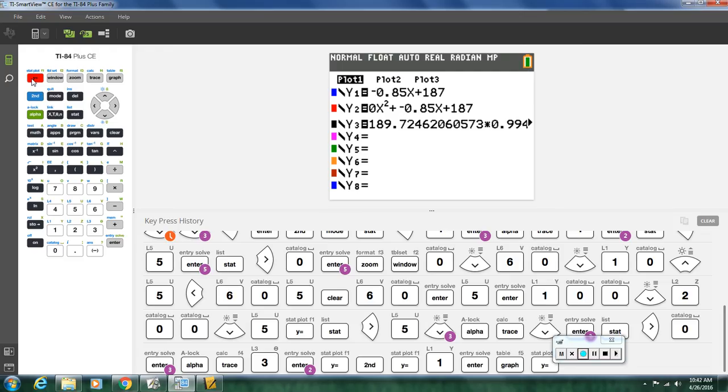Number 2. Volleyball shot. The height of the volleyball once you hit it? Technically, you want the volleyball height to go down, don't you?